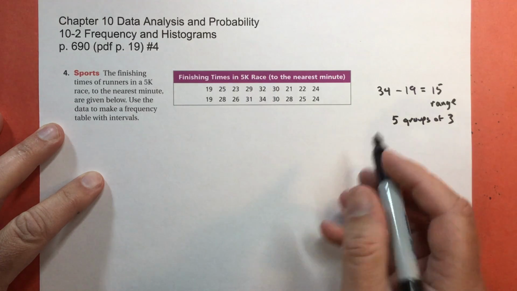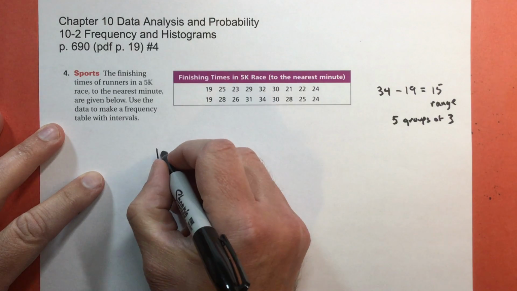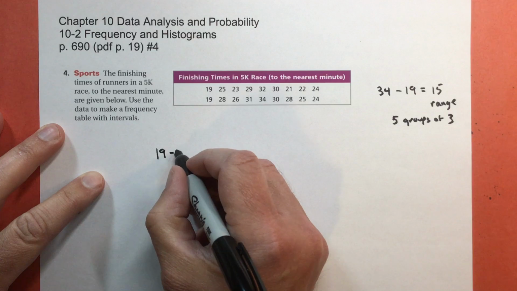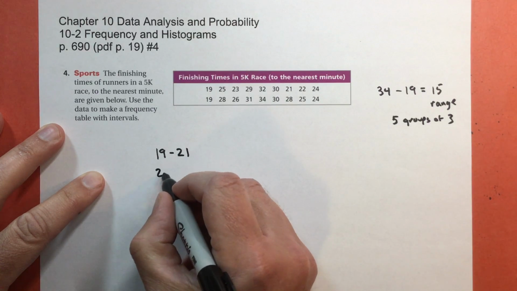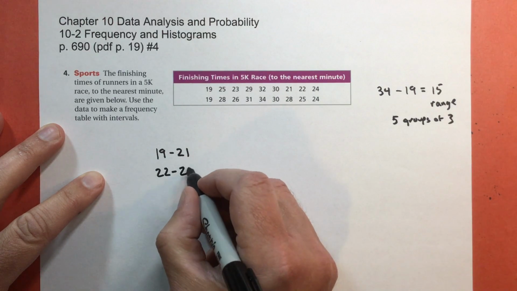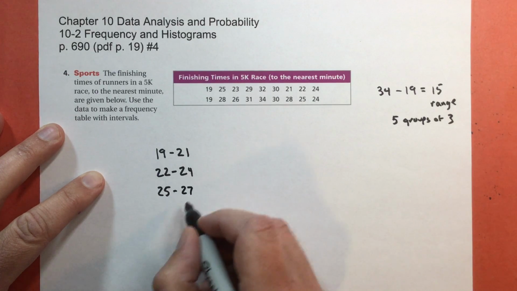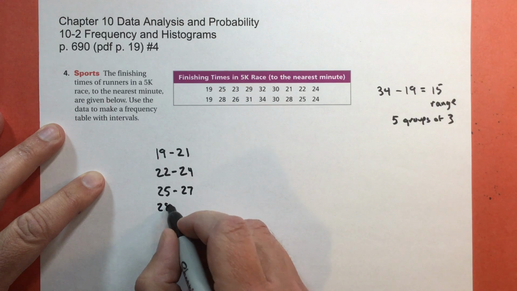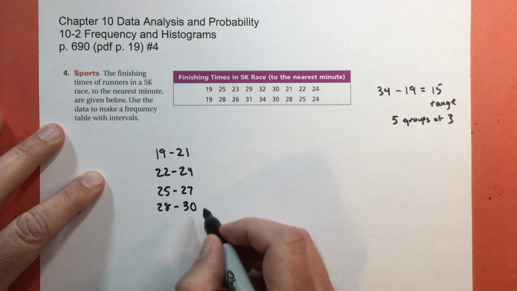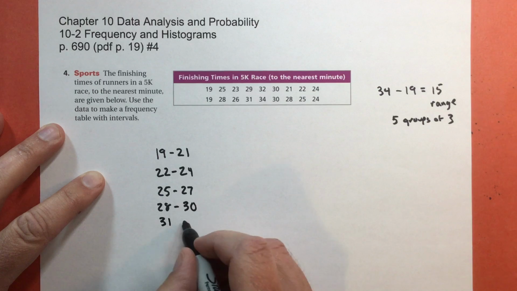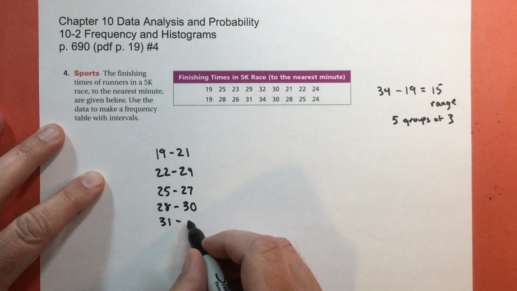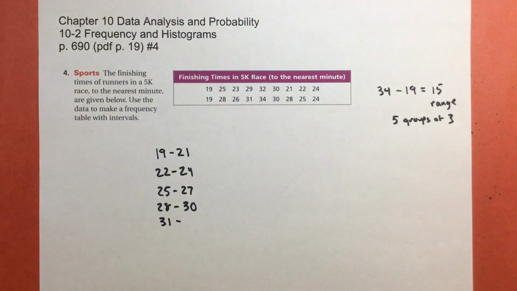So let's start. I got 19, 20, 21, 22, 23, 24, 25, 26, 27, 28, 29, 30, and 31, 32, 33. How did I mess up? Oh, I know what I did.